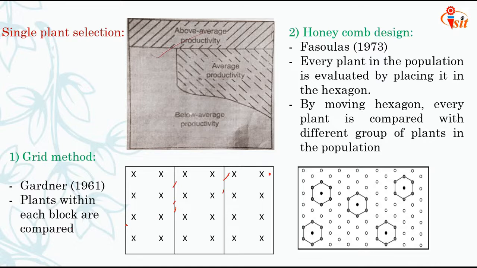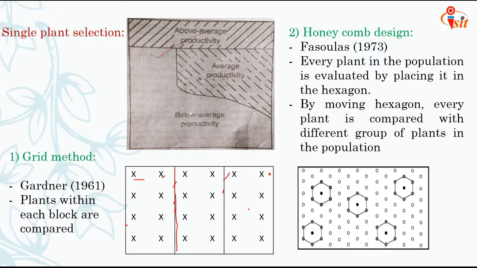So the gardener forms grids, subdividing the big plot into subplots, and then compares the subplots with each other. Whatever plants are present here, they compare this plant with this plant, so the error created while comparing gets minimized. By this method you can select a single plant from those plots.